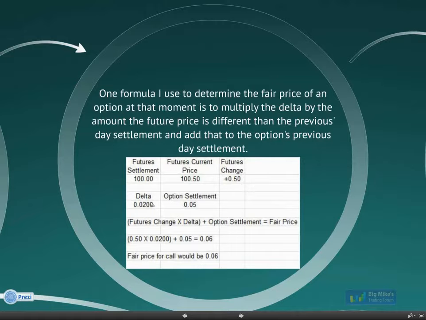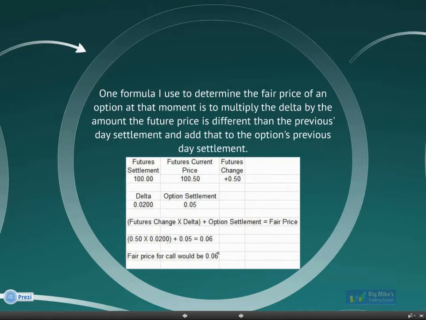The option we're currently looking at had a delta of 0.02, and the previous option settlement was 5 cents, 0.05. So futures change times delta, 50 cents times a delta of 0.02, would equal 1 penny, or 0.01. You add that to the previous option settlement of 5, and so the fair price for that option at that moment would be 6 cents.